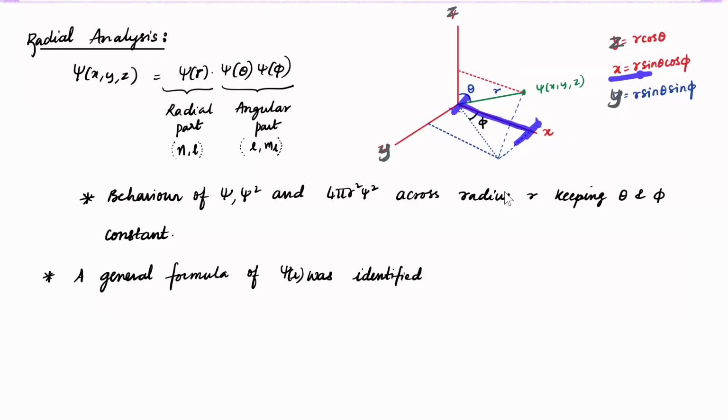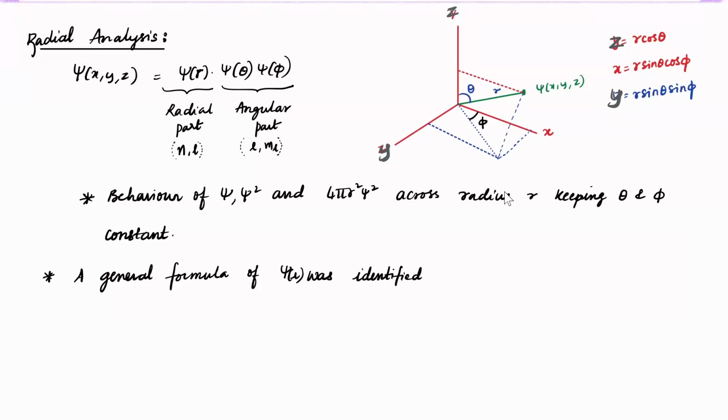So x will be r sine theta cos phi, because this entire thing is r sine theta, and this becomes cos phi. And this distance will be r sine theta sine phi. So r sine theta cos phi, r sine theta sine phi, and r cos theta are the x, y, z values of that point.